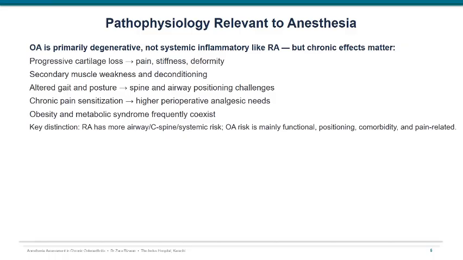There is chronic pain sensitization, as most of the patients are already taking higher doses of analgesia for their chronic pain, so there are higher perioperative analgesia needs. Most of the patients are already suffering from obesity and metabolic syndrome. Although rheumatoid arthritis has more airway, spine, and systemic changes, osteoarthritis is always about function and positioning, and there are certain concerns related to it.